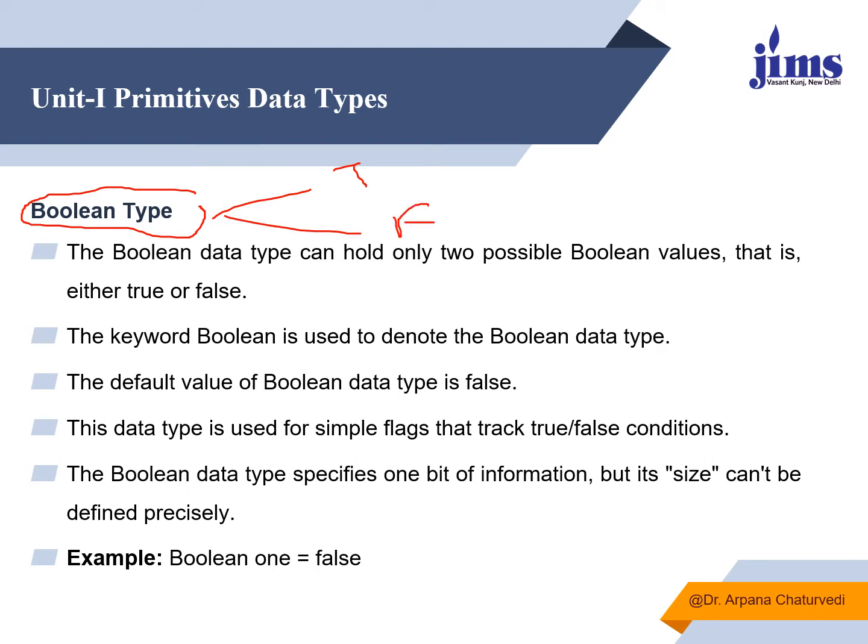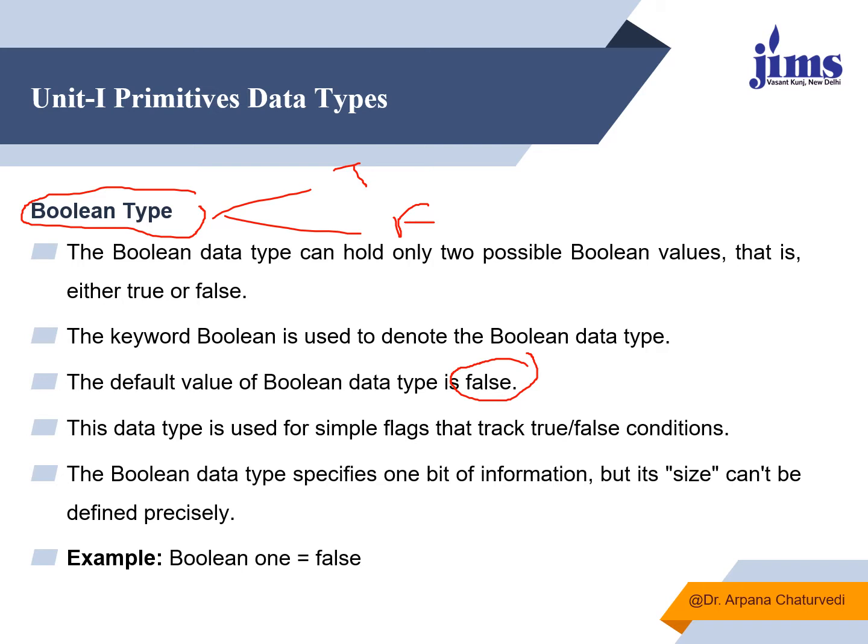It only holds two possible values, and the keyword boolean is used to denote the data type. By default the boolean data type holds the false value. These are used to track whether a condition is true or false, and accordingly we keep on taking our decisions as per the requirement of a program.